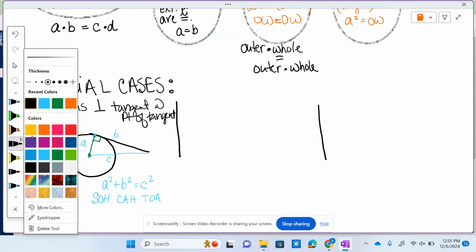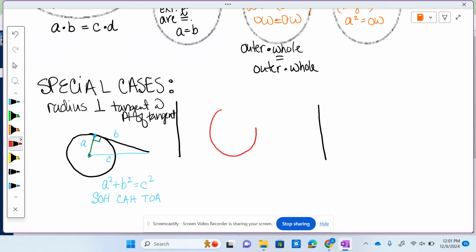Okay. Another special case is when you have 2 chords that are congruent.